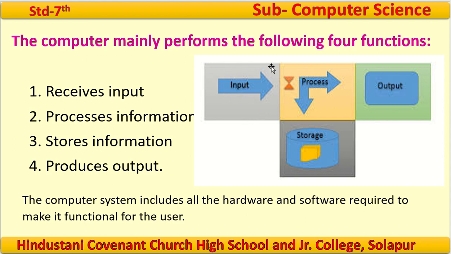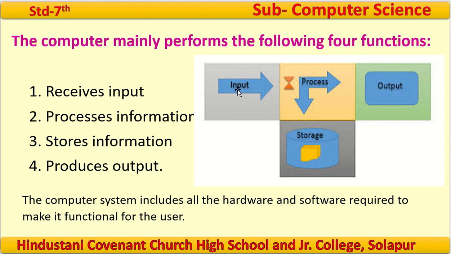The input from the user is processed in the CPU, and then the output is given. But if the user wants to store or save something, then the input is given to the processing unit and the processing unit will store the data in the storage media. So either or he can perform.